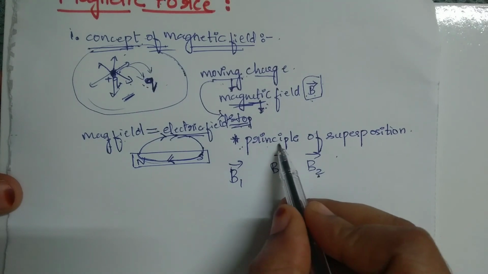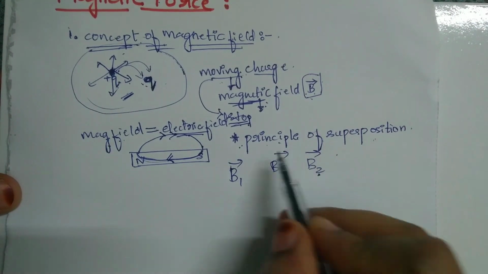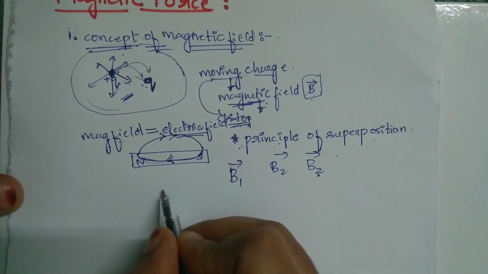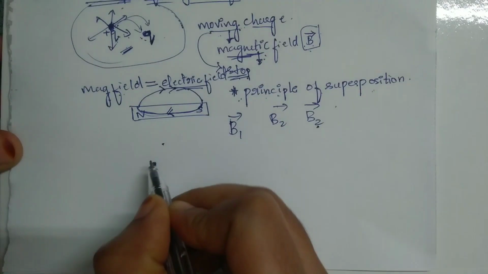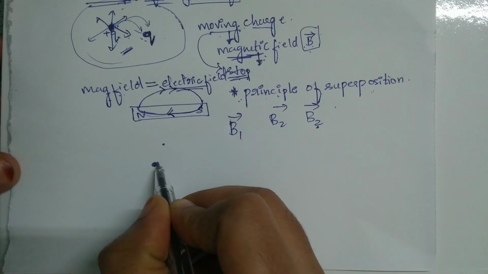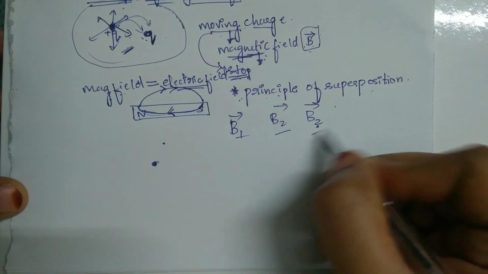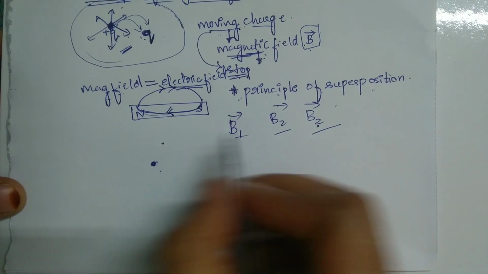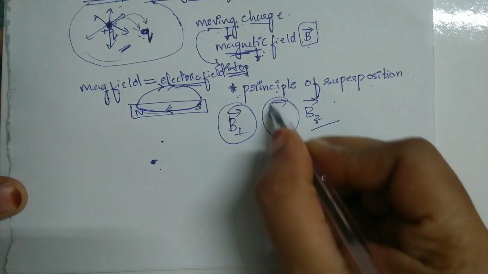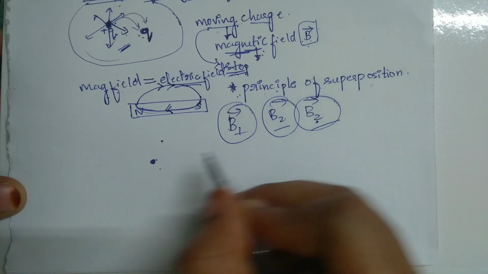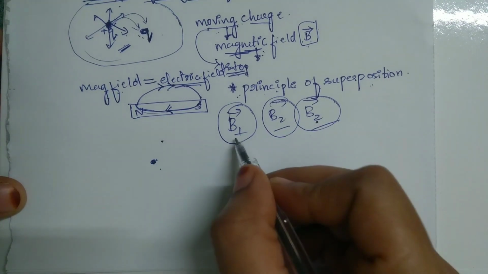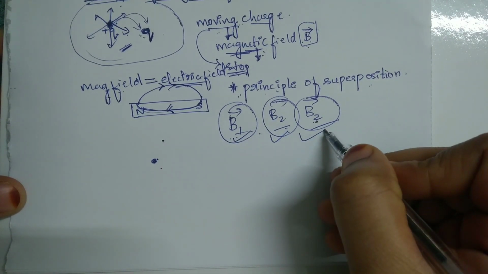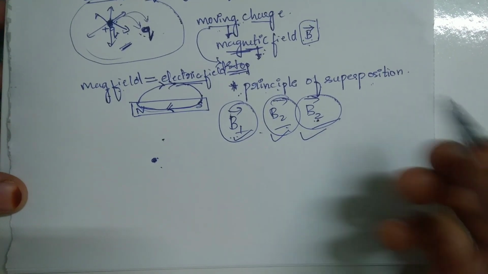So what does the principle of superposition say? It says that the magnetic field at a point due to several sources is the vector sum of the magnetic fields of each individual source.